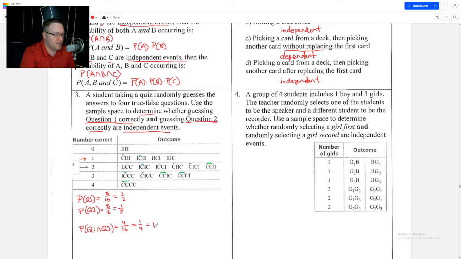This equals P of Q1 times P of Q2, right? Because up here it says P of Q1 is 1/2, P of Q2 is 1/2. 1/2 times 1/2 equals 1/4. So it works. That means yes, they are independent.